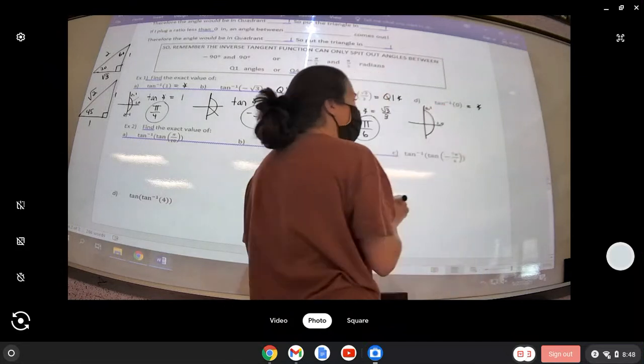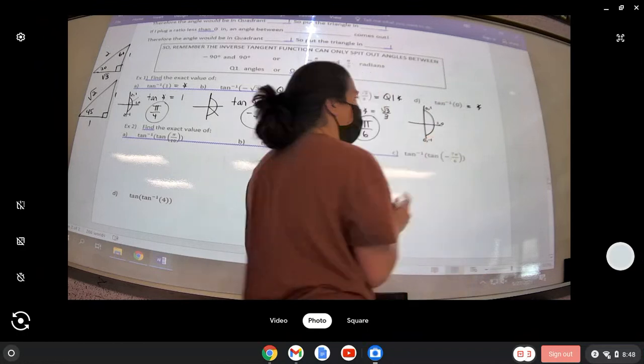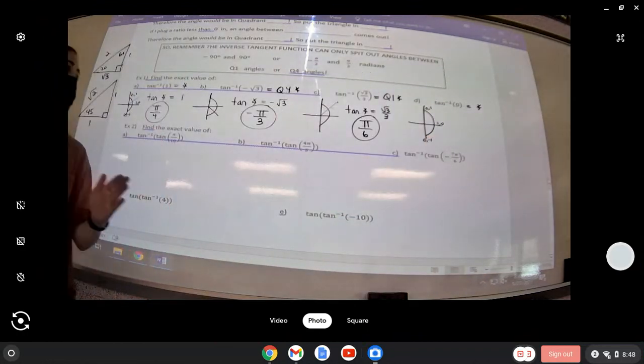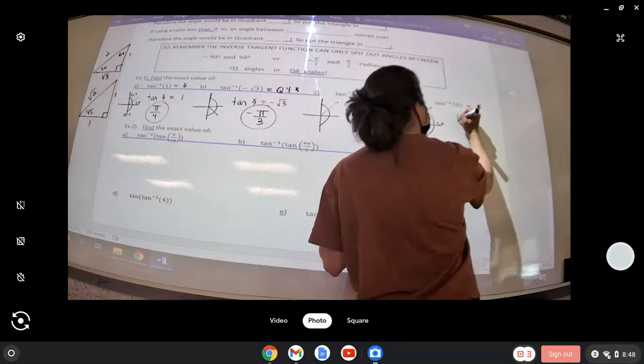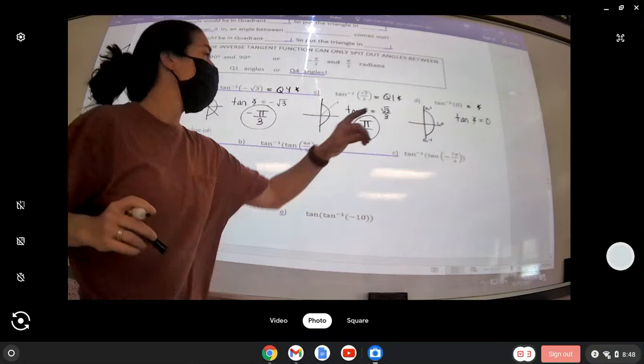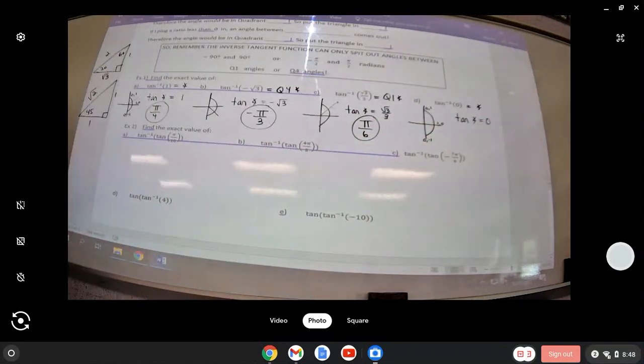That's pi over 2 at 0, 1. And then this is negative pi over 2 at 0, negative 1. The tangent was the y-coordinate over the x-coordinate, right? We're trying to figure out the tangent of what angle had a ratio of 0. So it has to be one of these quadrantals. Whose y-coordinate over their x-coordinate equals 0?